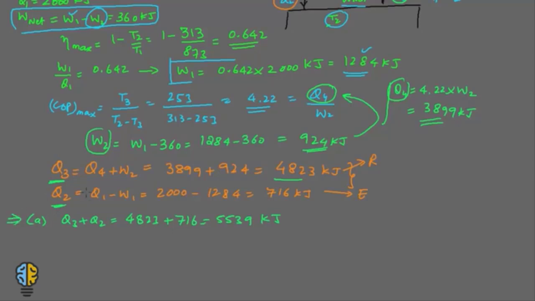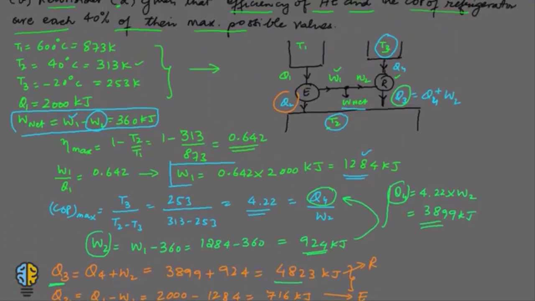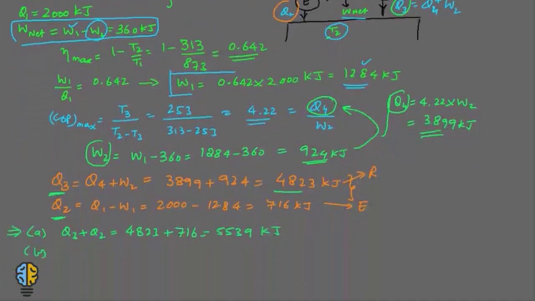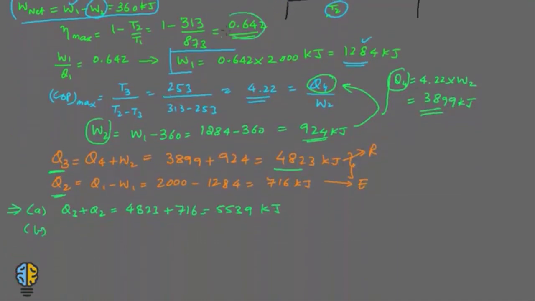Now let's go to part B of this question and revisit the question for a moment. It says, reconsider A, given that the efficiency of the heat engine and the COP of the refrigerator are 40% of their maximum possible values. Now the maximum possible efficiency is 64% and the maximum possible COP is 4.22.